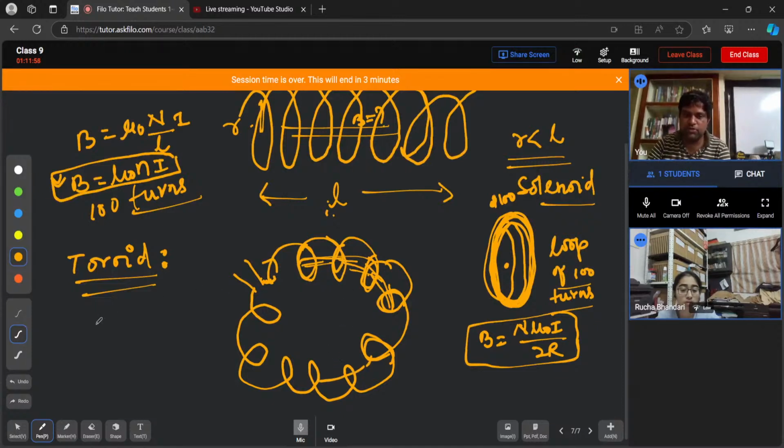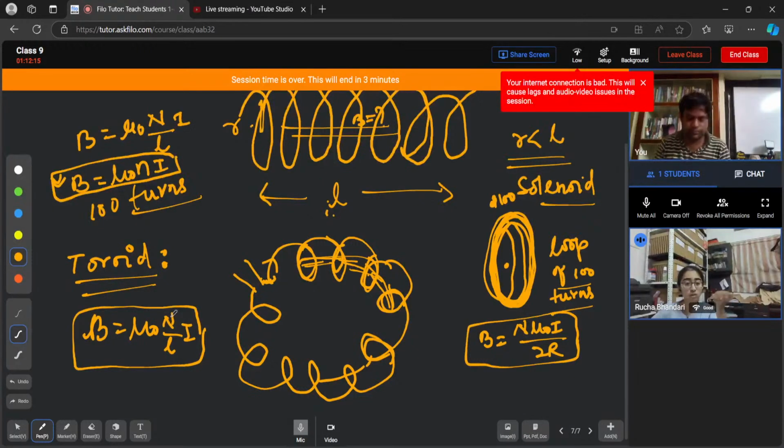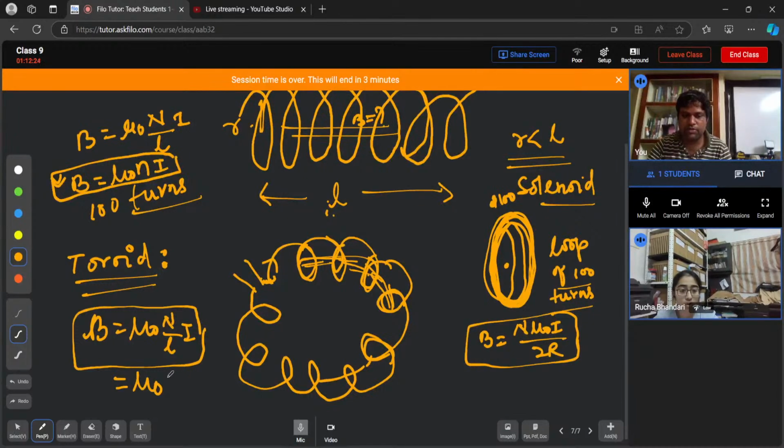So for the toroid also we get B equal to mu naught N by L times I, the same as before, with small n.